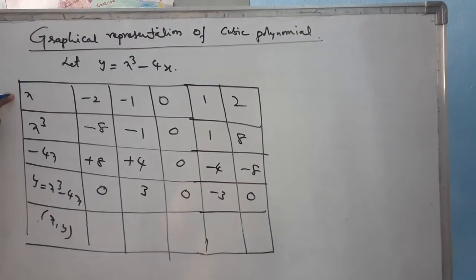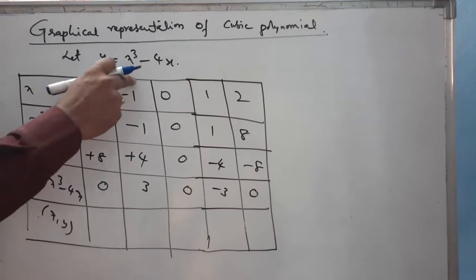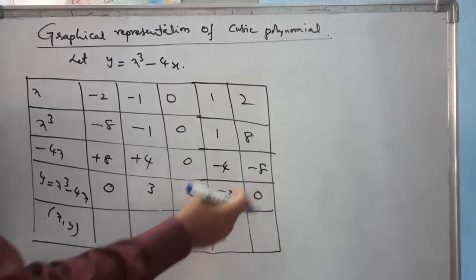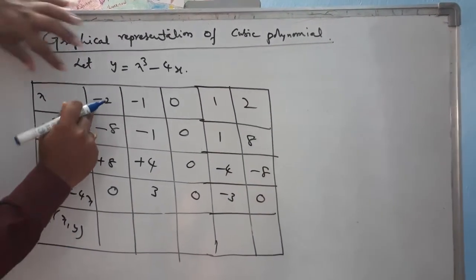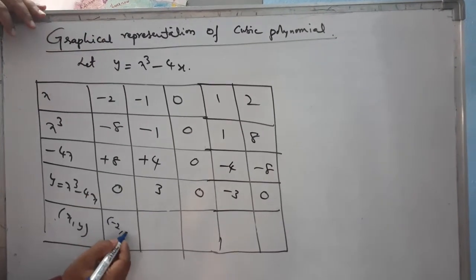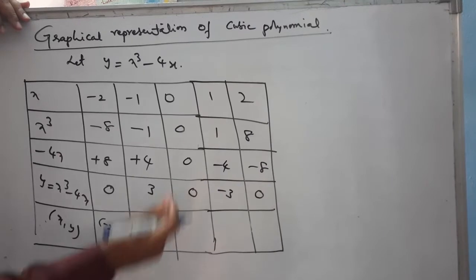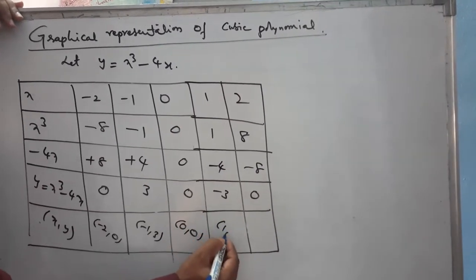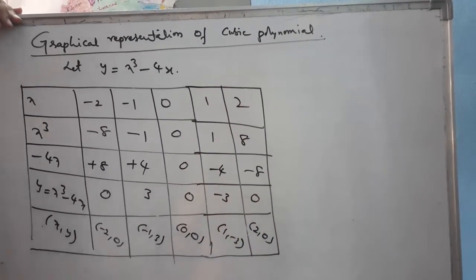If the x value is minus 2, we get y value 0. Minus 1, 3. 0, 0. 1, minus 3. 2, 0. So what are the x comma y points? Minus 2 comma 0, minus 1 comma 3, 0 comma 0, 1 comma minus 3, and 2 comma 0.